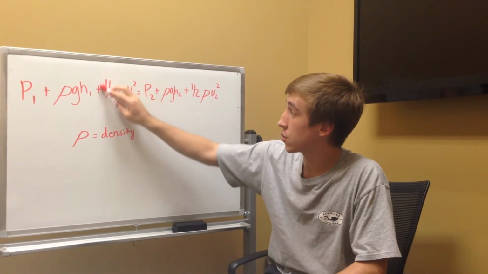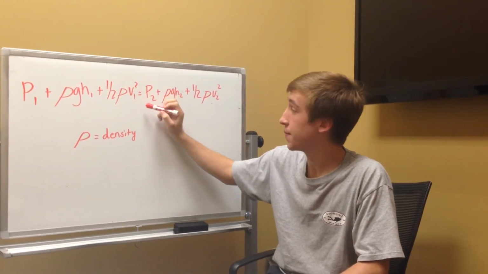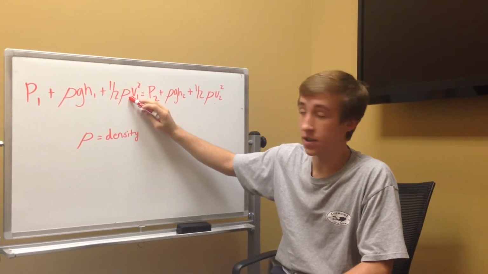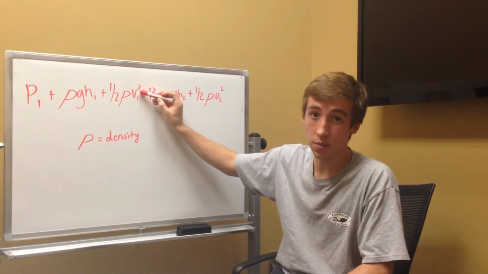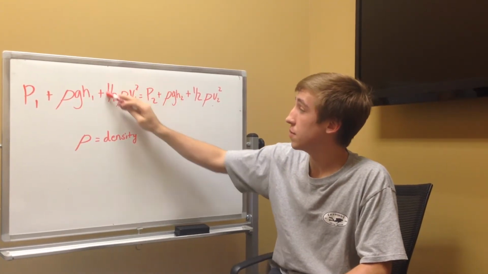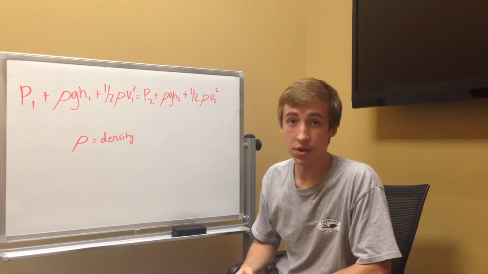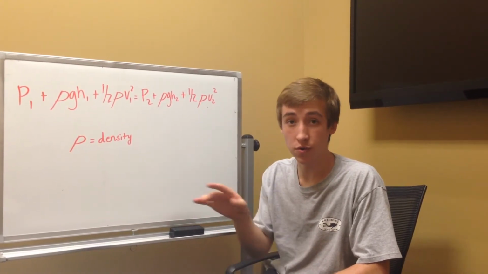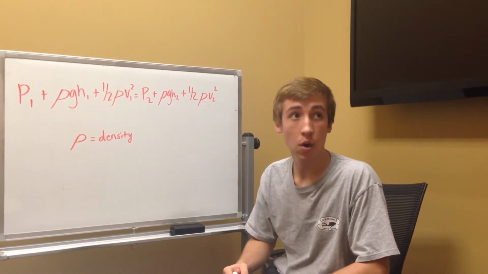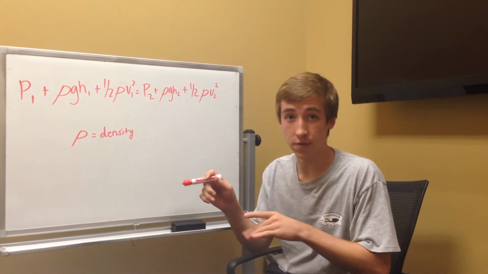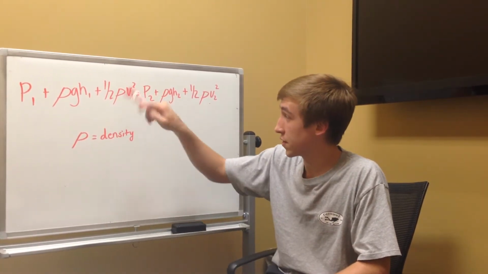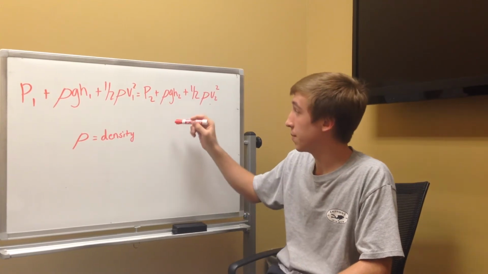Next is this whole quantity, which is like kinetic energy. This again has the symbol for density, and it also has a velocity component. This also shows why the particles move faster over the wing, because it allows the particles on top to move faster than the particles on the bottom.